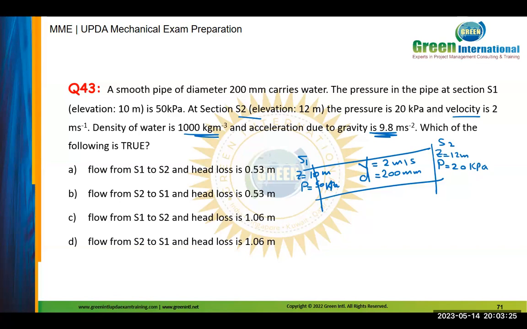Because if you check pressure only, you find the direction of flow is opposite to if you depend on Z only. Clear? So it should be solved mathematically to check which affects more. That's fine. Let's go.